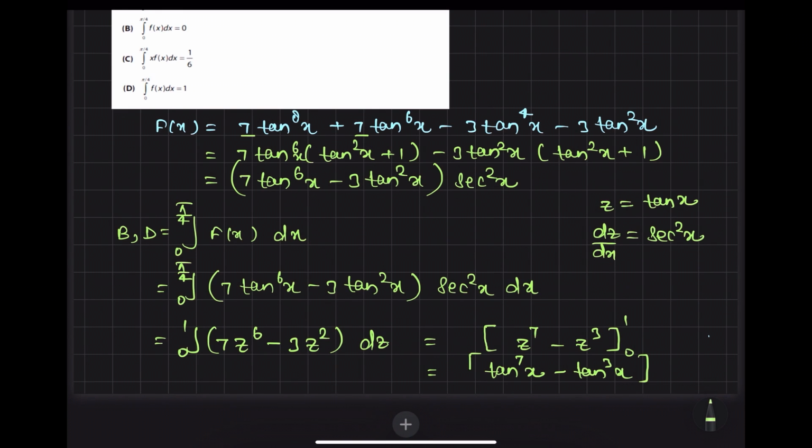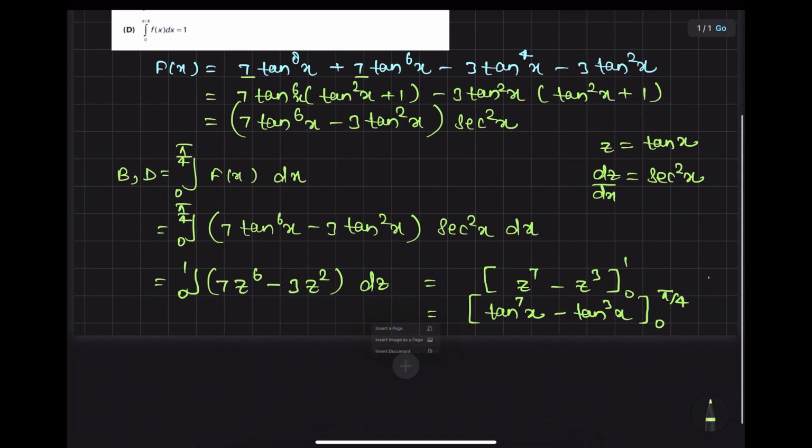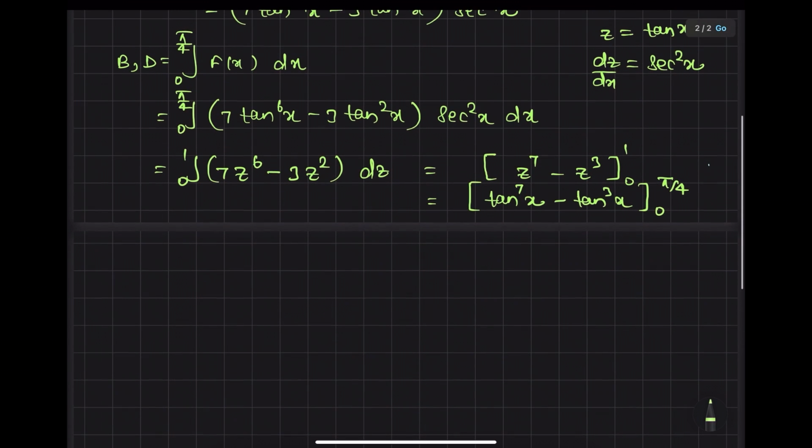Now again the limit will change, 0 to pi by 4. Comfortable? Now let's do the simplification part. So we got the integration, I'll rewrite things: tan power 7x minus tan power 3x with the limit 0 to pi by 4.